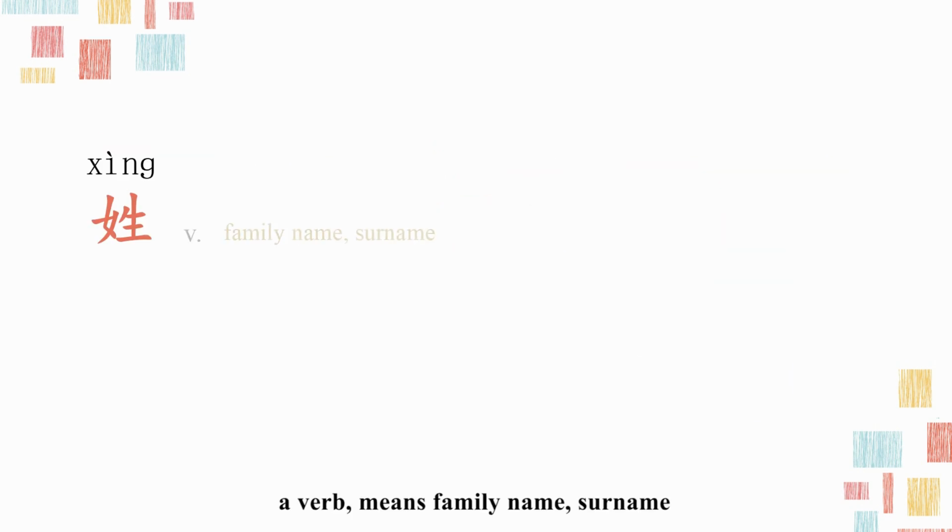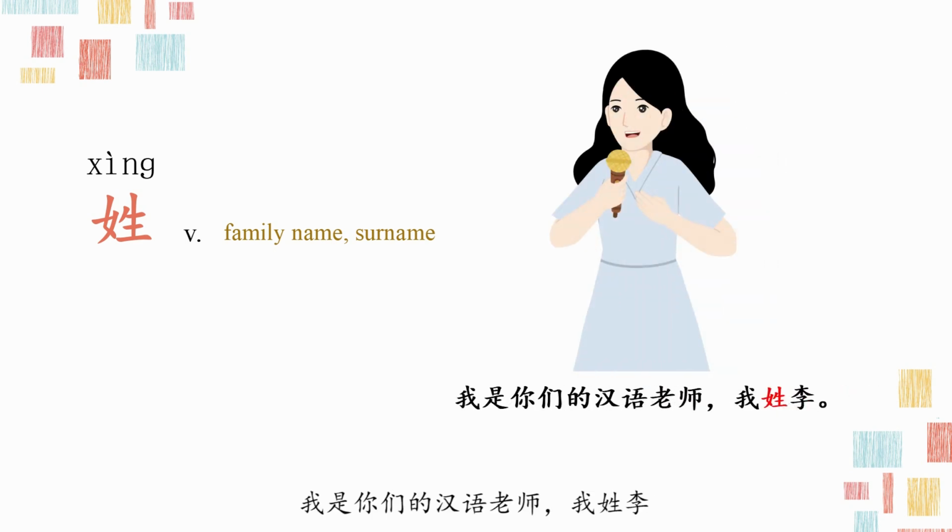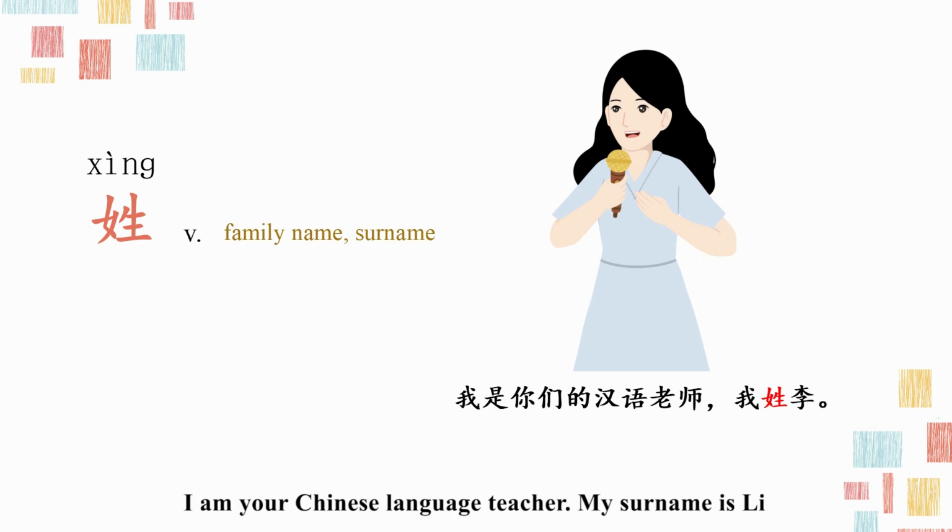姓, a verb, means family name, surname. For example, 我是你们的汉语老师，我姓李。 I am your Chinese language teacher. My surname is Li. By the way, Li is a common Chinese surname. 男, an adjective, means man, male.